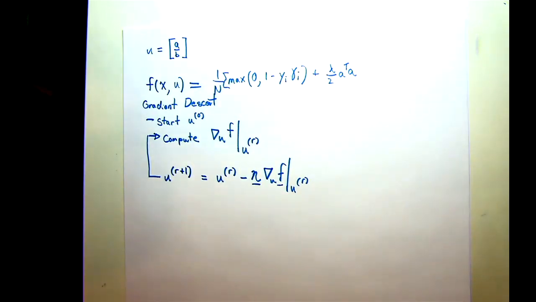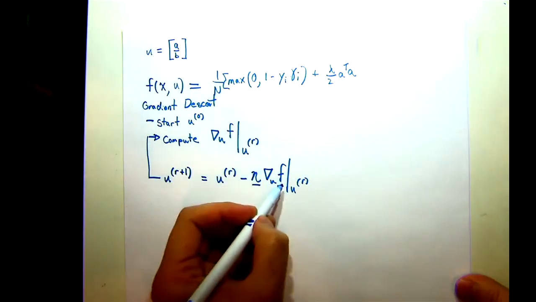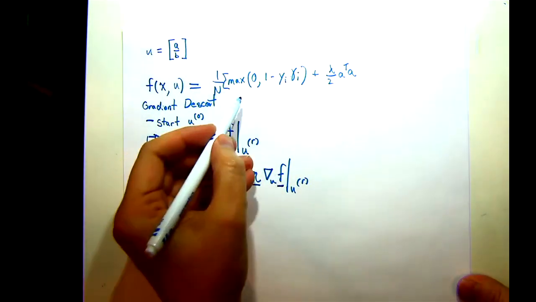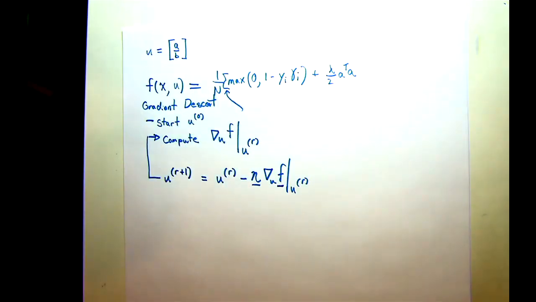The problem is that gradient descent requires us to evaluate the derivative of f. The derivative of f is a sum over all data points. Even after we take the derivative, we still have that sum over all the data points in there.